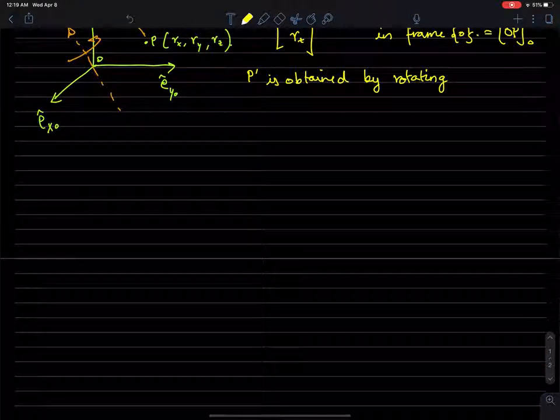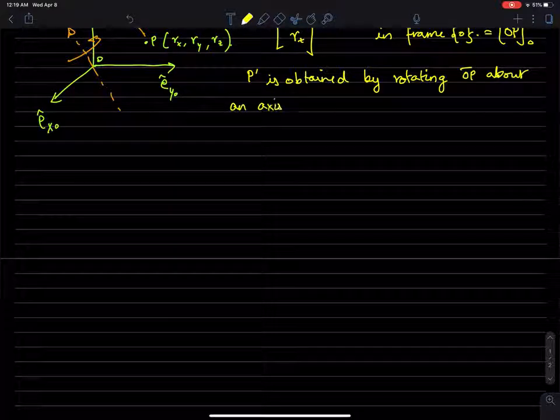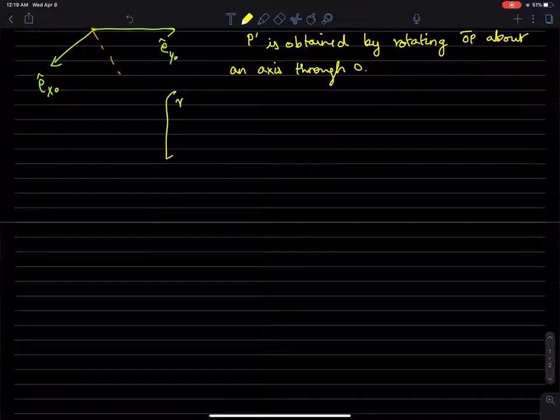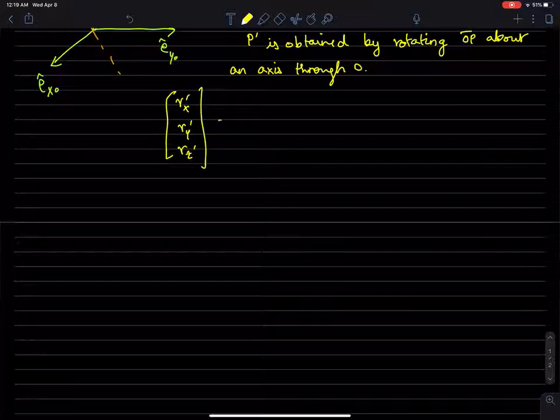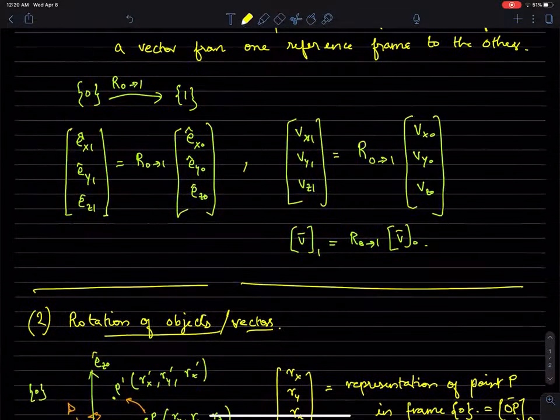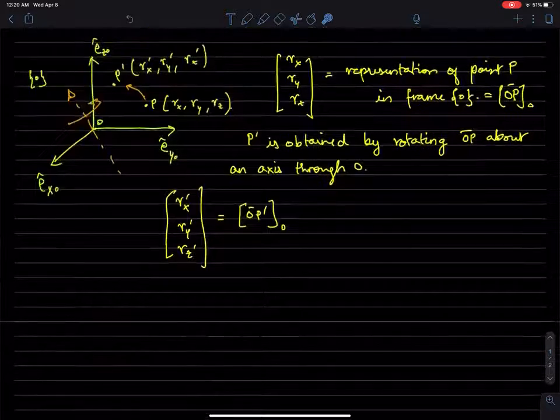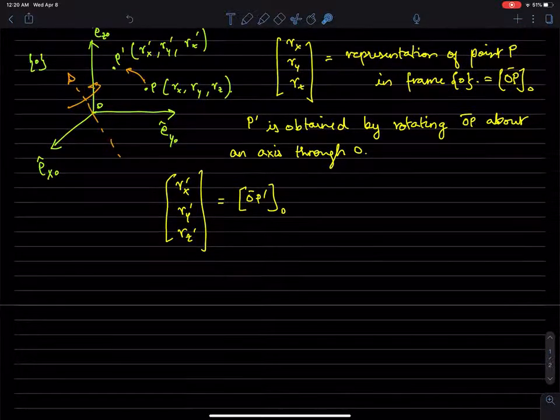So P dash is obtained by rotating OP about an axis through O, let's say, and these coordinates Rx dash, Ry dash, Rz dash are basically the representation of OP dash in frame O still, right? So here we have two frames and we are representing the same vector. Here we have one frame, but the vector itself changes, okay? So that's the difference.